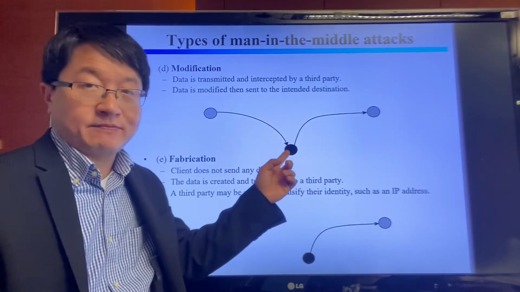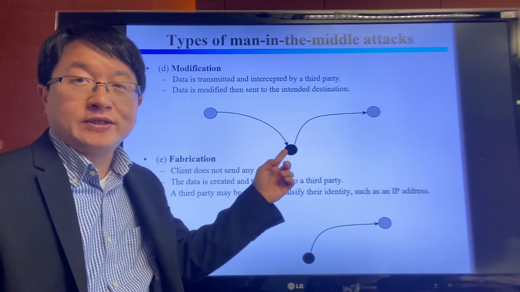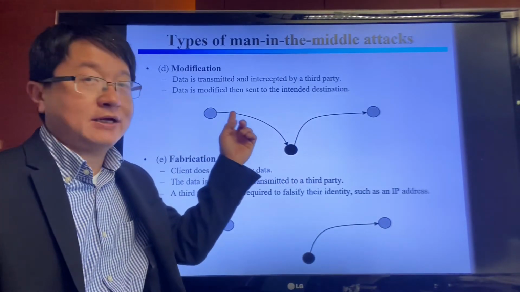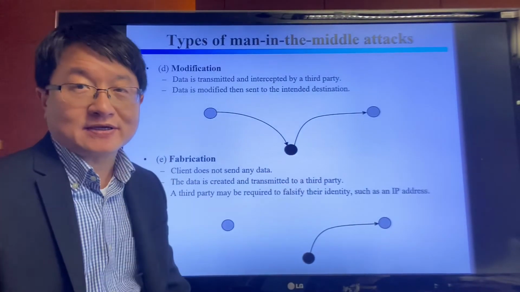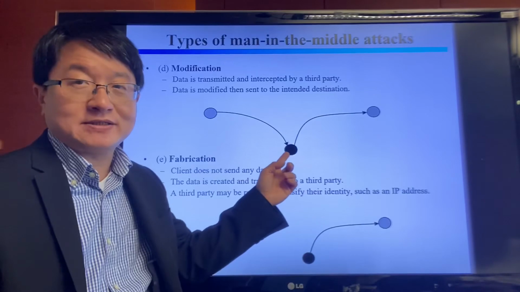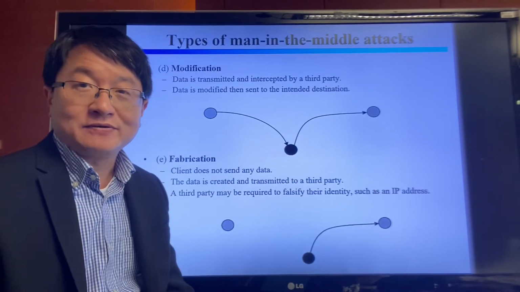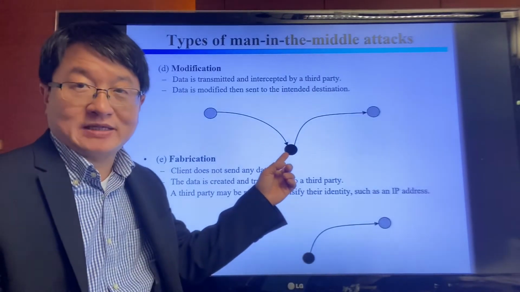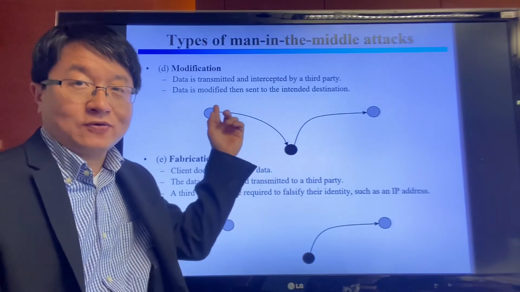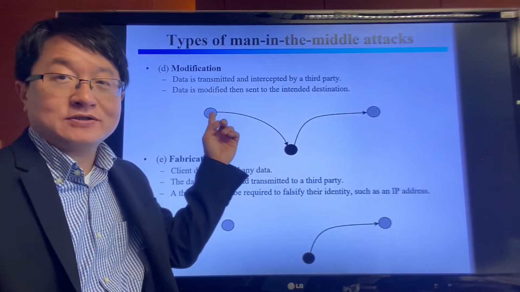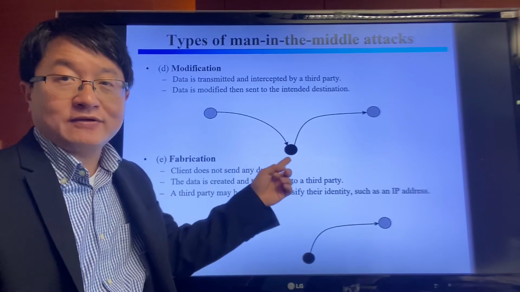The hacker wants to win the deal, so they change the price to 5 million. So even though the competitor's bid is only 2 million, we should lose in this tender bidding. They alter the price of their competitors and then they win the deal.